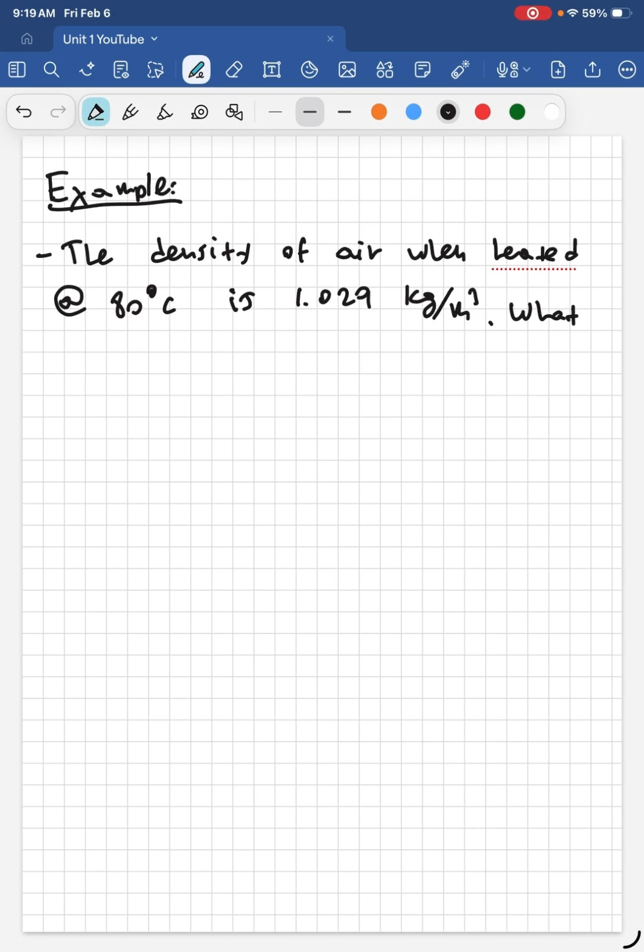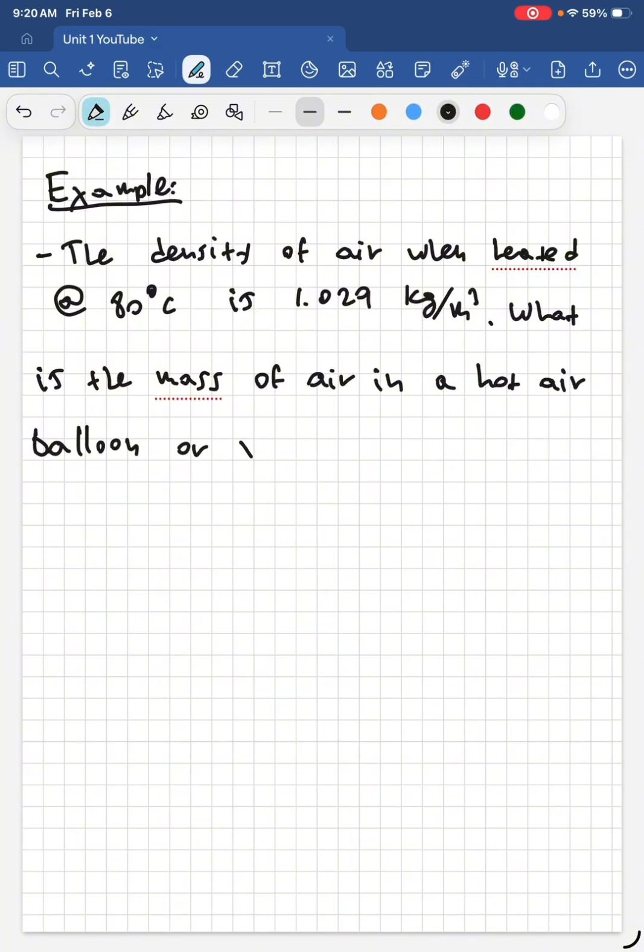What is the mass of air in a hot air balloon of radius 2 meters?